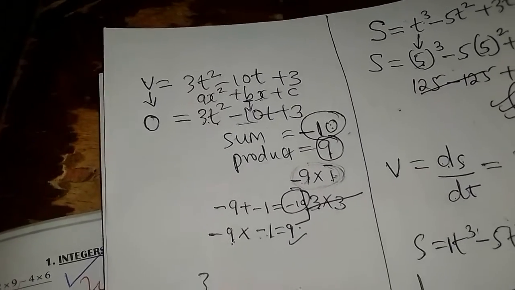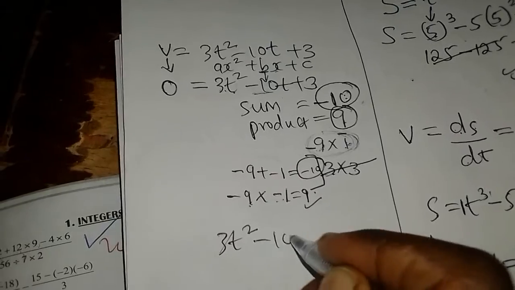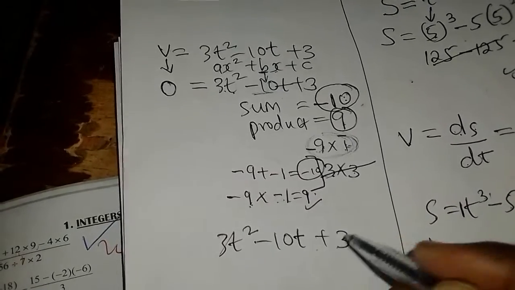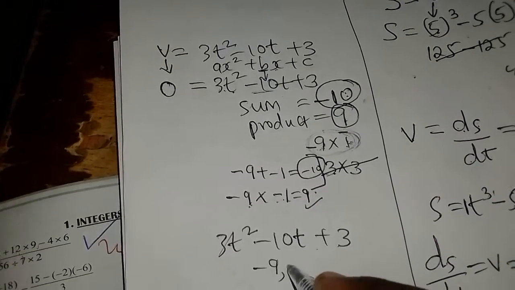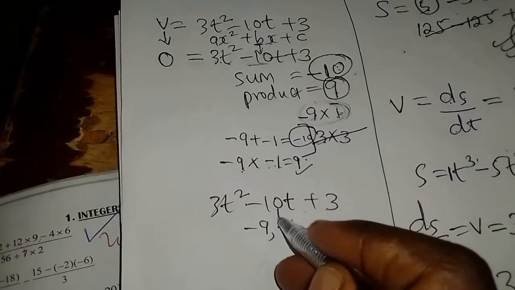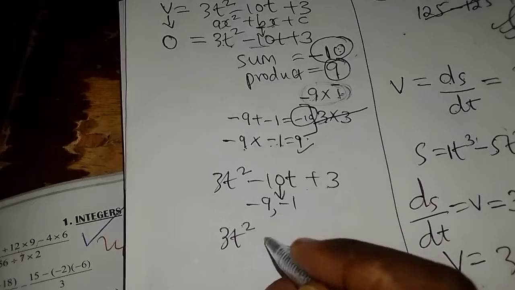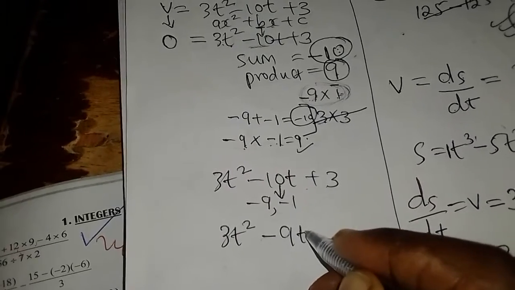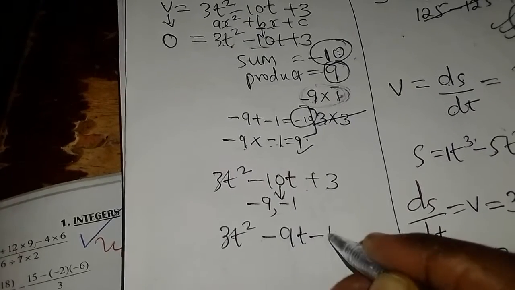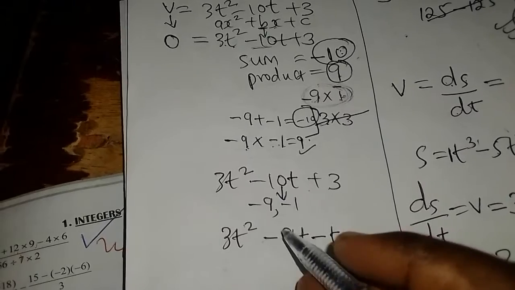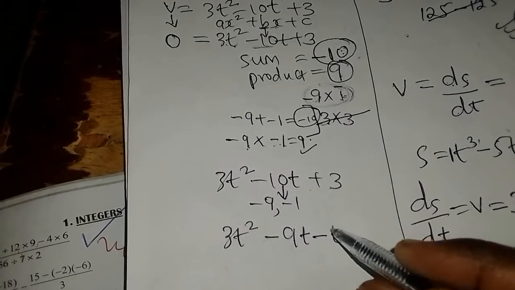So I'll write 3t squared minus 10t plus 3, and the numbers are negative 9 and negative 1. So just replace. Where there is 10, I put that. So I'm going to have 3t squared minus 9t, then minus t, so you see, minus 9t minus t.